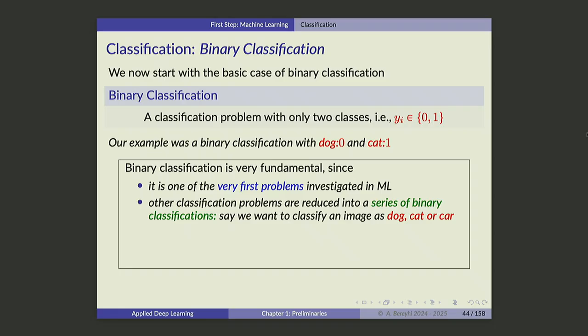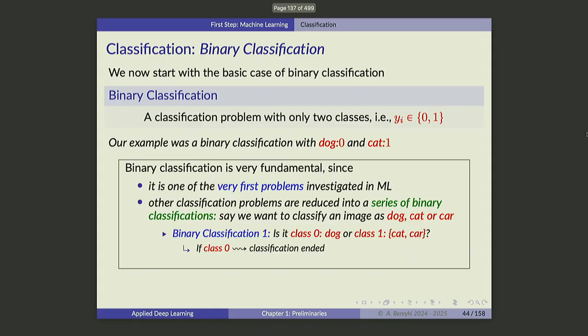So what do I mean by that? Say instead of having only dog and cat classes, I have 3 classes: dog, cat, and car. I can still solve this problem with 2 binary classifications. How can I do it? I have one binary classifier that decides whether this image is a cat or anything else. If it's a cat, that's over.